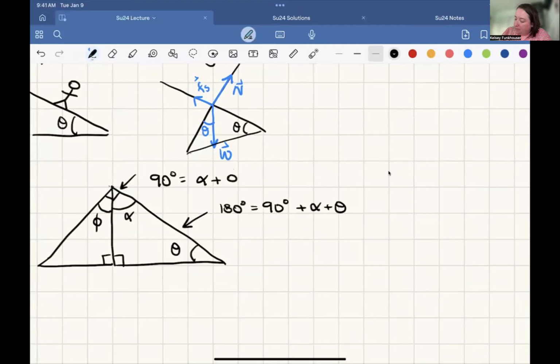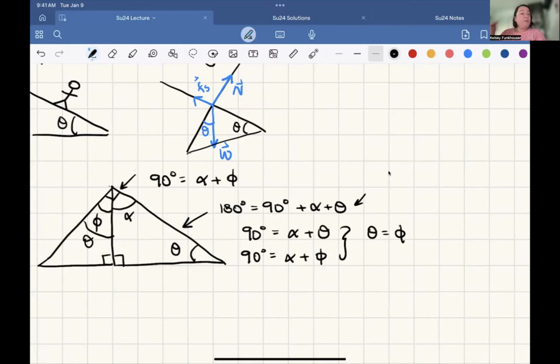Now let's do a little rearranging of this equation. Let's subtract 90 on both sides, and we end up with 90 degrees equals alpha plus theta. And 90 degrees equals alpha plus phi. And what this is telling us is that theta equals phi. So this angle here is also theta.